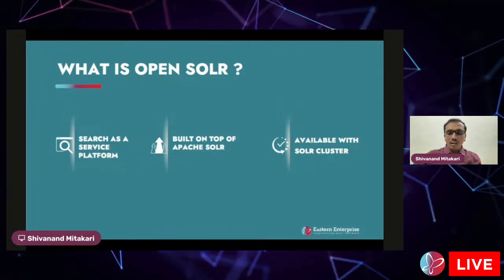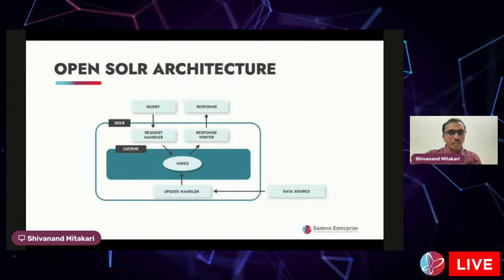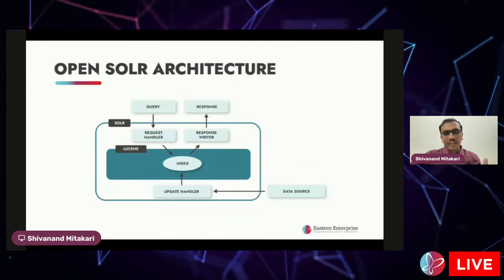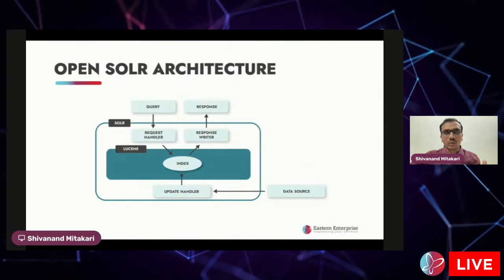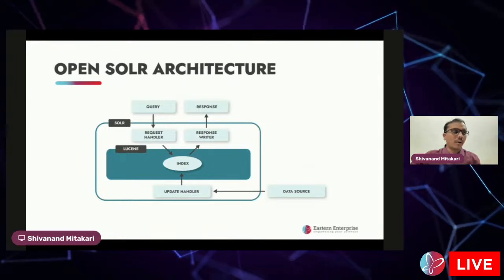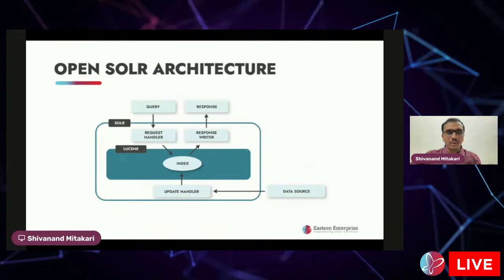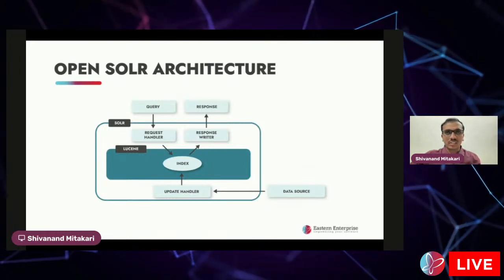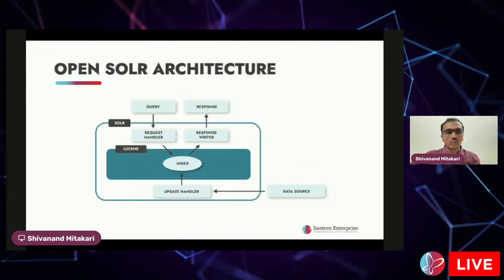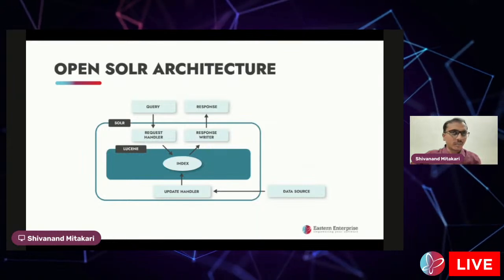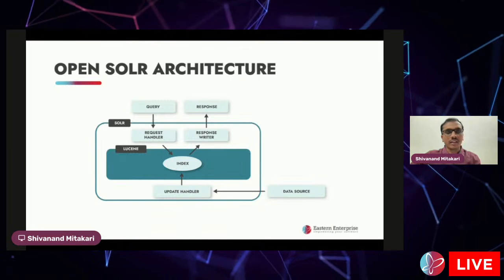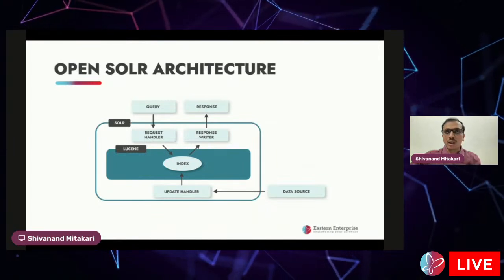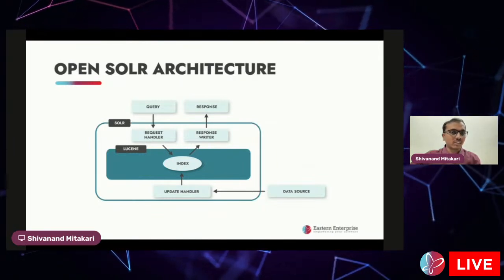And looking at this Open Solar architecture. So before getting into more detail on architecture, we'll talk about why this Open Solar integration is so important and what benefits it gives. As I mentioned, it provides search as a service, but on top of it, Open Solar provides a lot of pricing customization. So based on your requirement, you can customize your plan and get that pricing. Along with it, it provides a cluster.